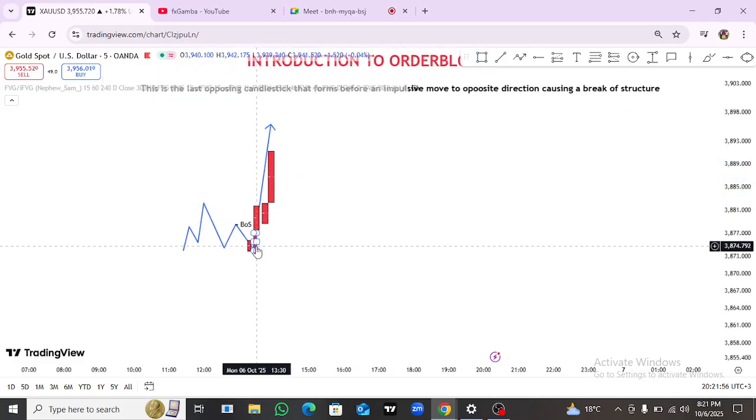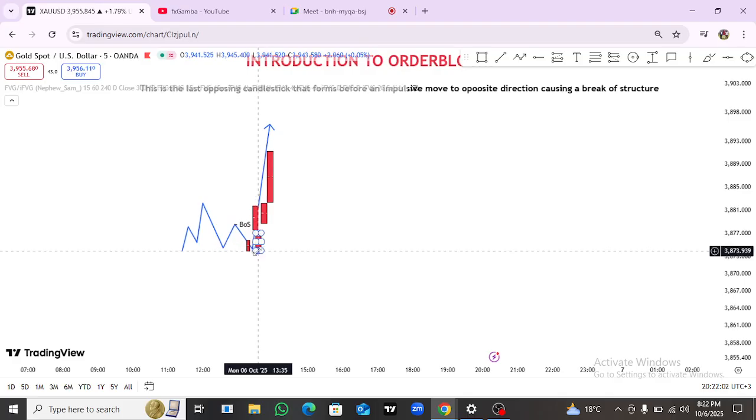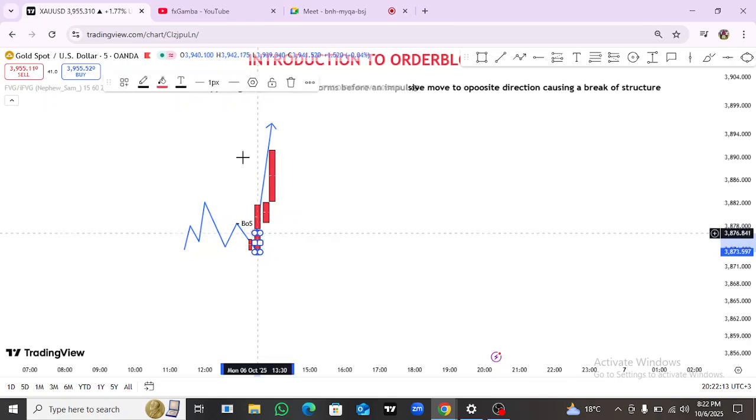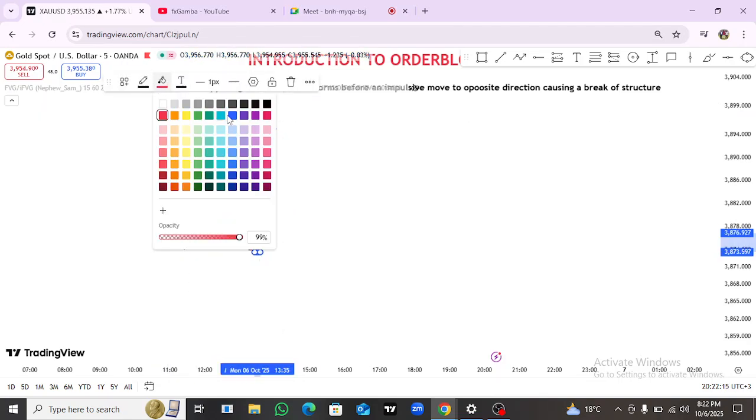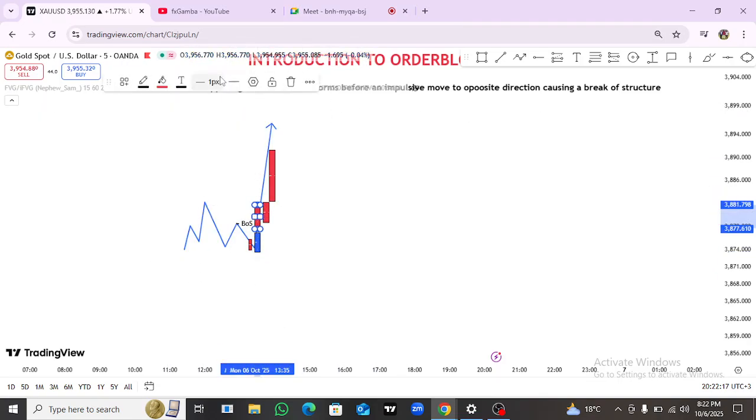Something like that. Let me delete this one and draw a better one. So let's say these are bullish candlesticks. Let's say blue.